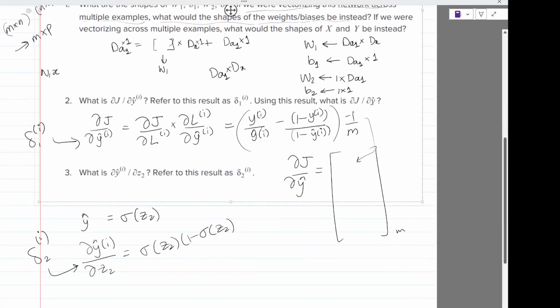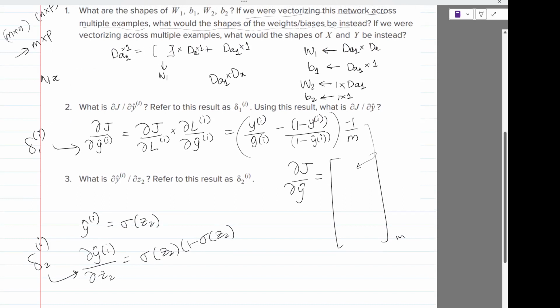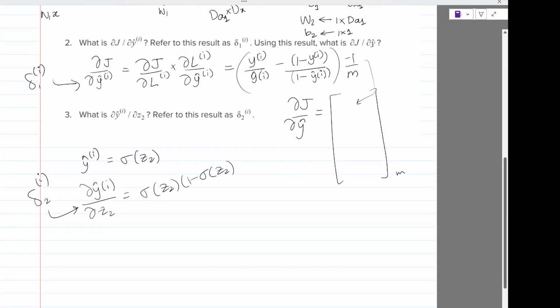This is sigmoid function over z2. So when you are taking partial derivative of sigmoid function, it will be sigma into 1 minus sigma, yeah. So that only. Okay, okay, okay.